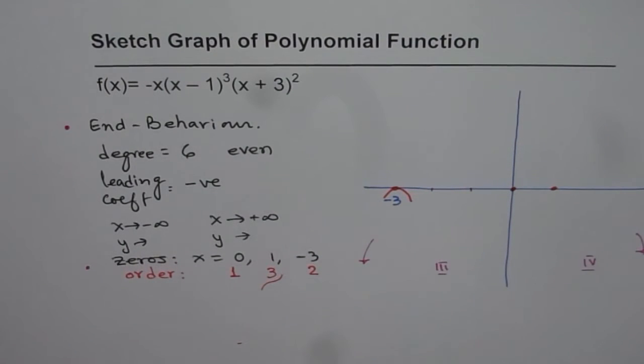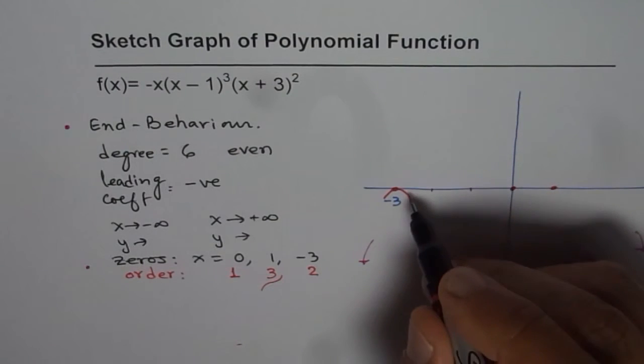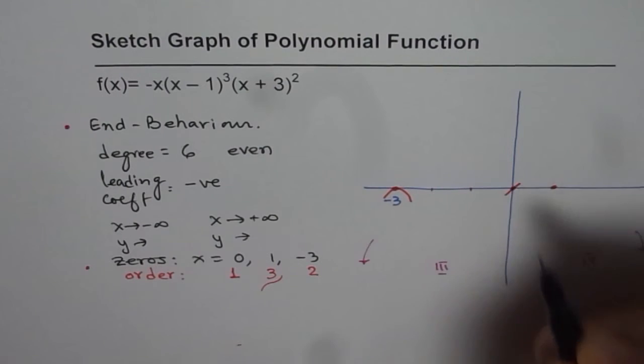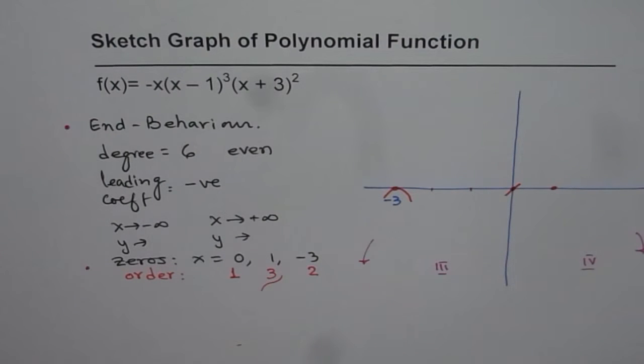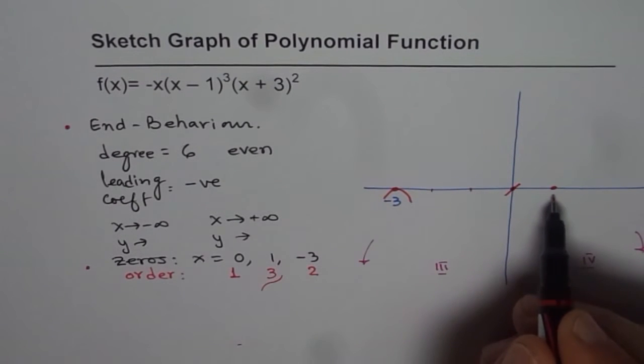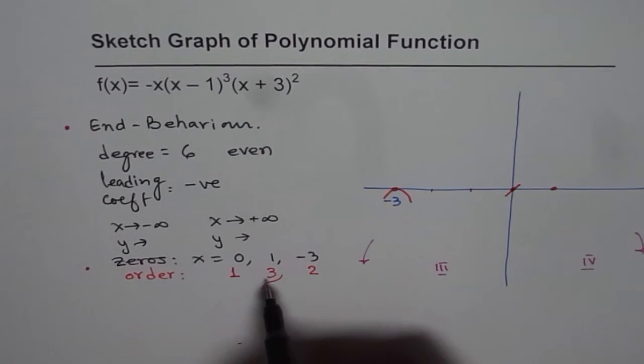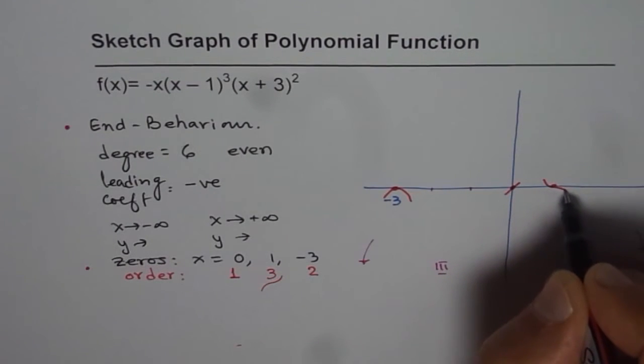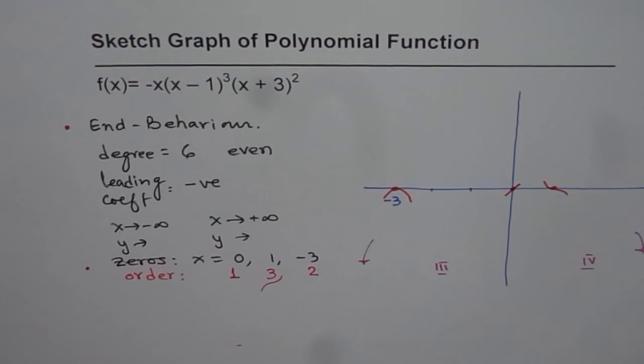Order 1 means it is going to cross. Since we are in quadrant 3 and have to cross, it will cross from here to here like a straight line. The third zero is at plus 1, where the order is 3. Since it's cubic, it will go like this and behave like a cubic function. That tilde-type sign will come.